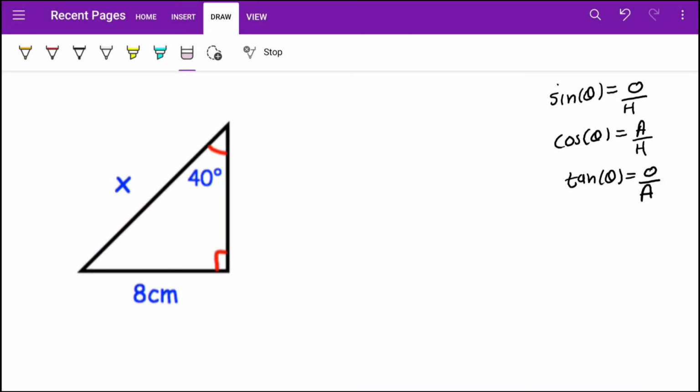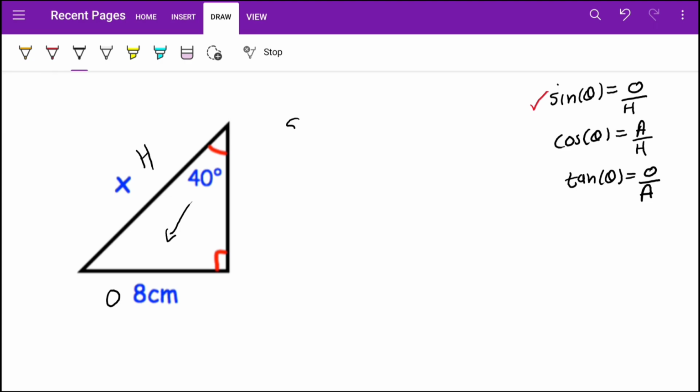Let's have a look at this question. So we are given a length and one of the lengths is missing. So first thing to do is label what you are given. We are given opposite and hypotenuse. So that means we want to use a trigonometry function which involves O and H, and you can see that it is going to be sine theta.